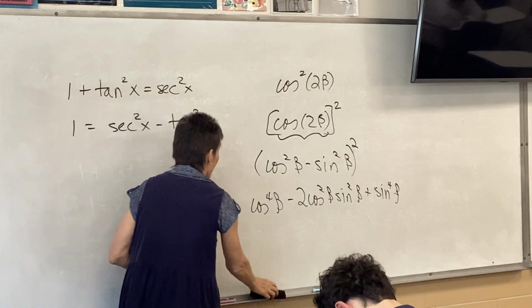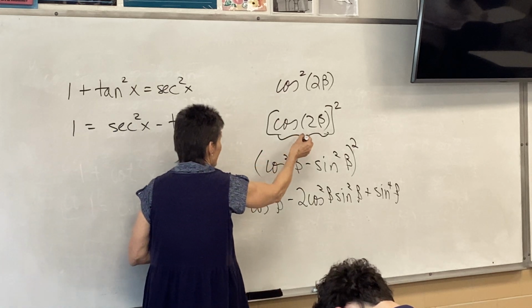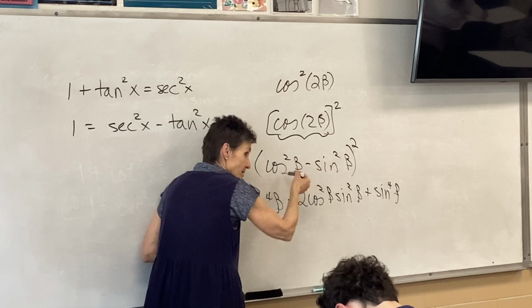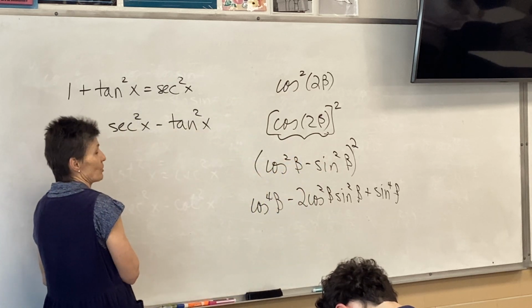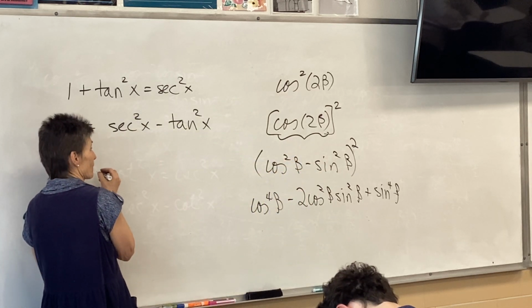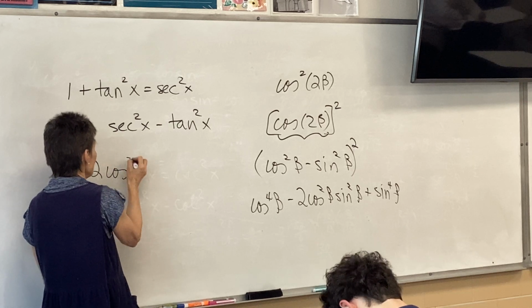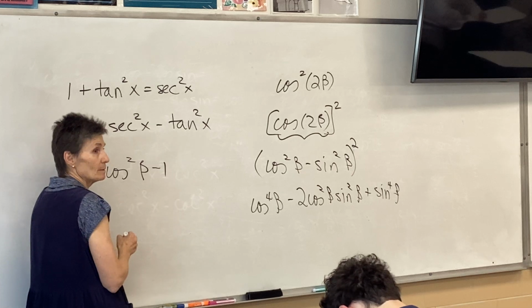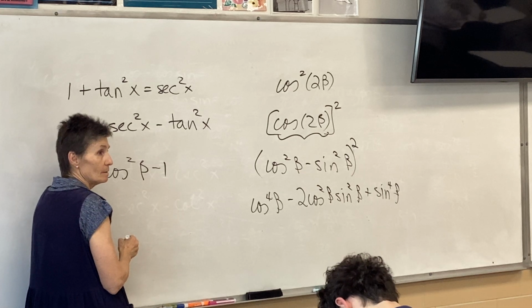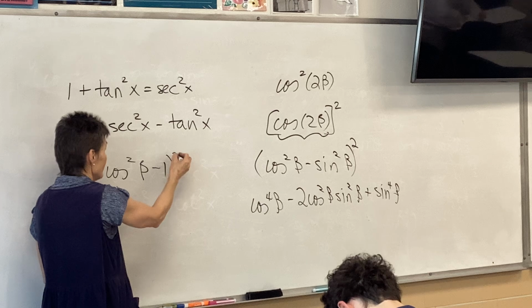Now let's back up. Remember when I changed cosine 2 beta into this? What else could I have changed it into? 2 cosine squared minus 1. But I need to square it.